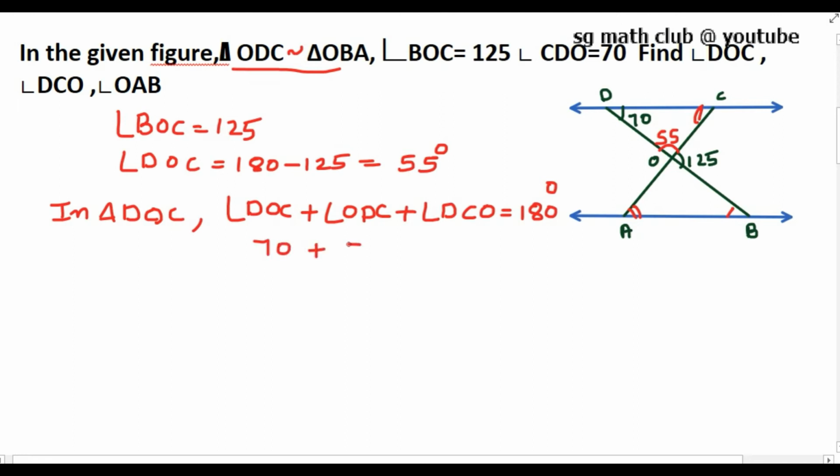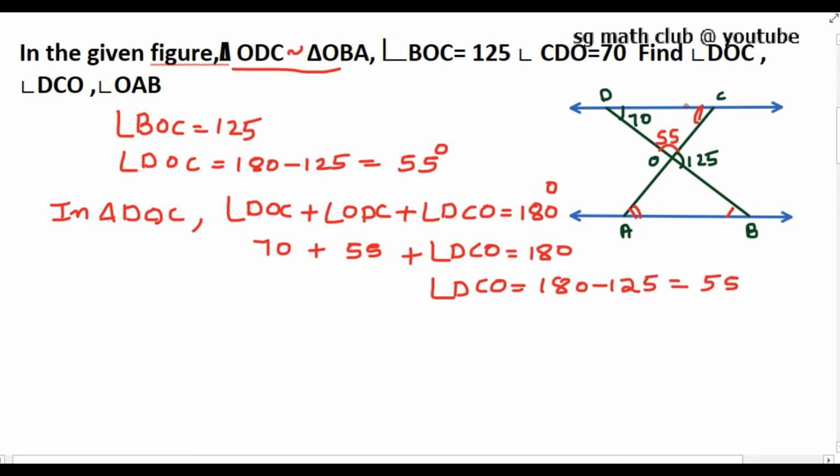So 70 plus 55, DOC is 55 and ODC is 70, plus DCO we need to find, equal to 180. Therefore, DCO is equal to 180 minus 125. 70 plus 55 is 125. Again, we got as 55.